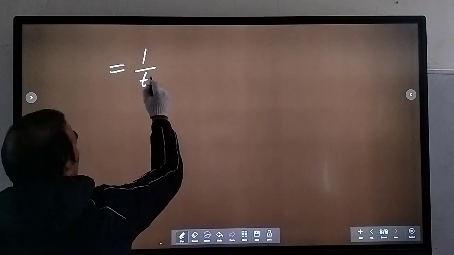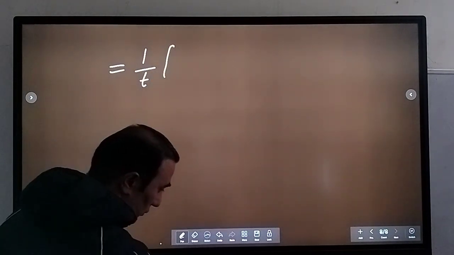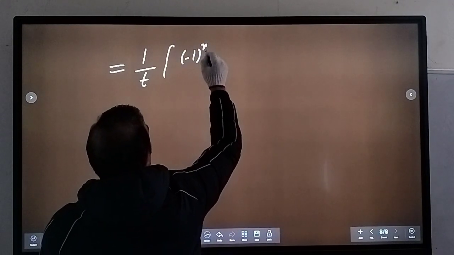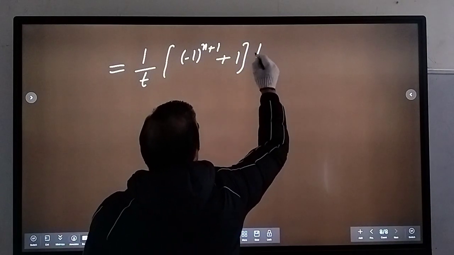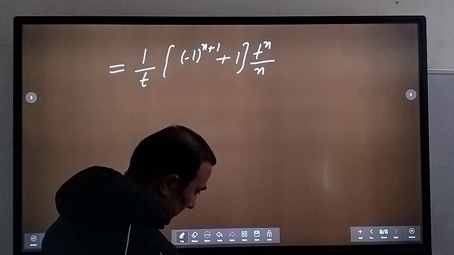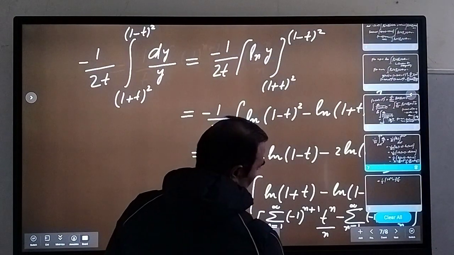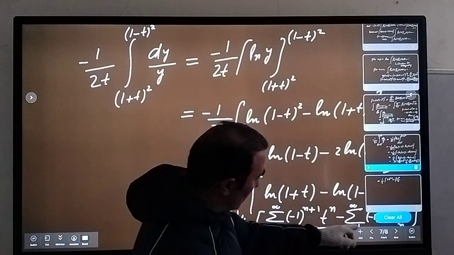1 upon t into, so inside will be minus 1 raised to the power n plus 1 plus n... Okay, sorry, there's one mistake here. What term will come here?